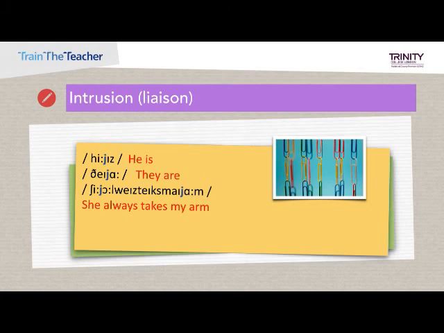But intrusion isn't just the y sound. We'll look at what other intrusive sounds there are in the next example. Can you work out what this is? Pause the video and work out this next utterance with your partner, group, or individually.